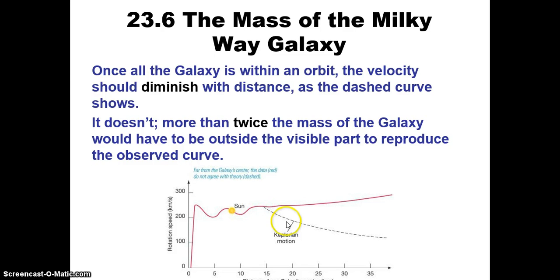So according to Newtonian mechanics, our basic understanding of gravity, the speed of the stars should taper off. This axis is speed, this axis is distance. But it's completely not.